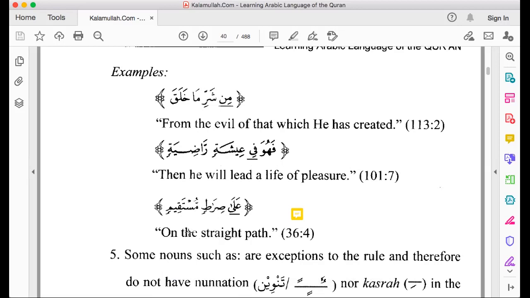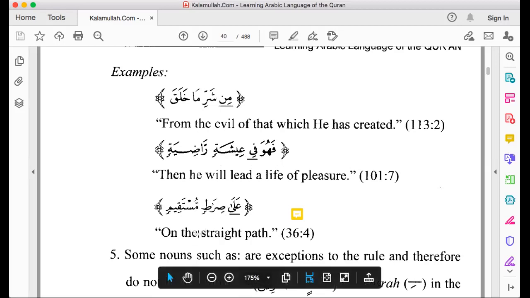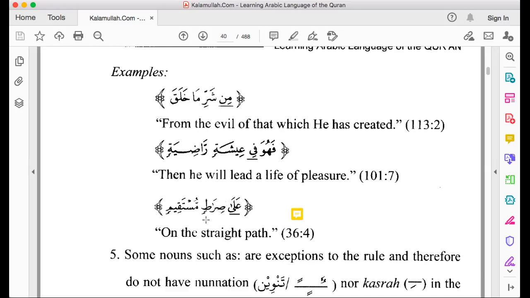I want you to observe there's a mistake here, in the translation. It should be "on a straight path." Why? We studied about definite and indefinite. If this was "on the straight path," it would have been ala as-sirat. There would have been an al in front of sirat.